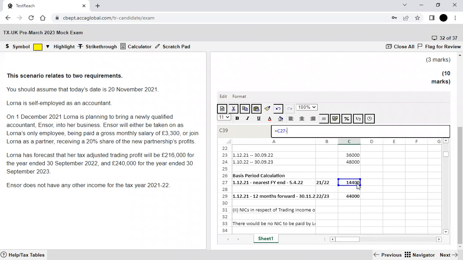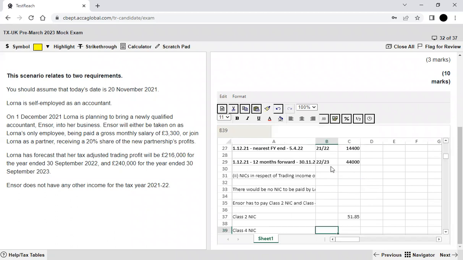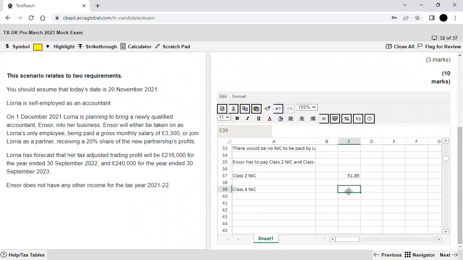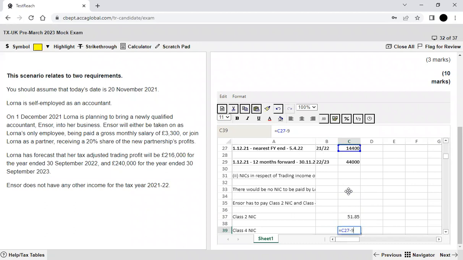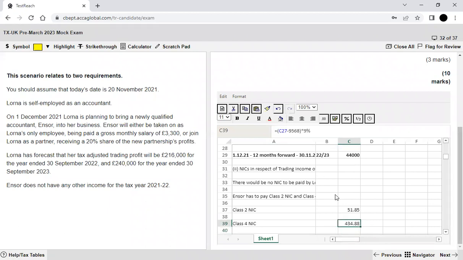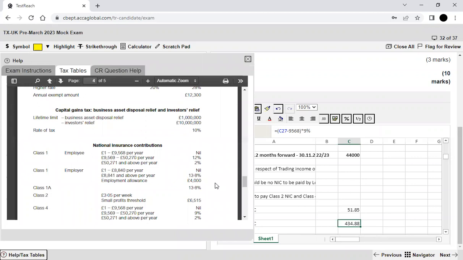For next year, minus 9568. So this would be the amount of class 4 NIC. Let me reconfirm. Is it 9568?